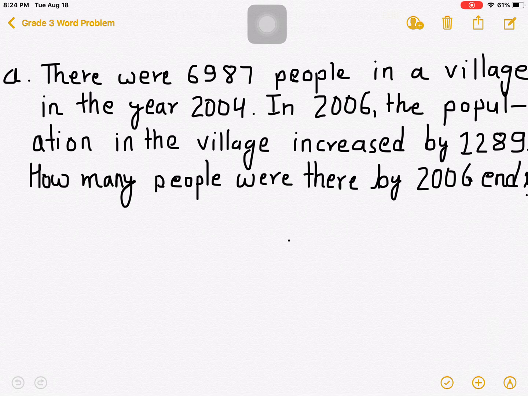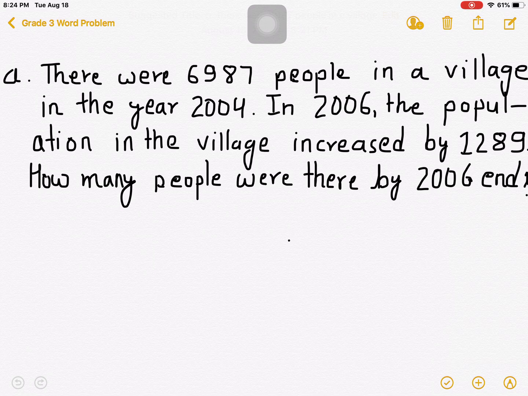Then we have to identify what question is asked, and third, we have to know which operation we are going to use. Understood? Now let's read the question.